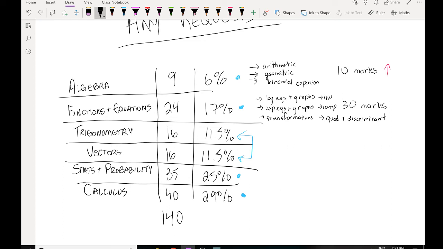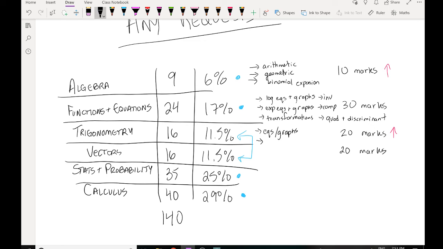The next 2 basically would have 20 marks allocated to them. I think trig sometimes skews a little bit higher just because of the volume of trig stuff, because there are equations, there are graphs that you would have to do of trig functions.